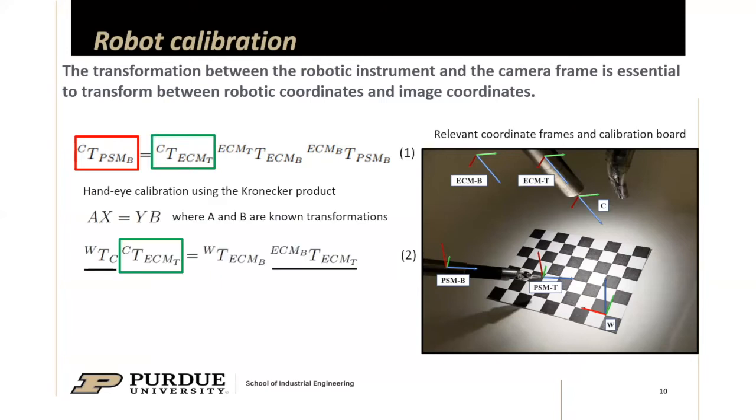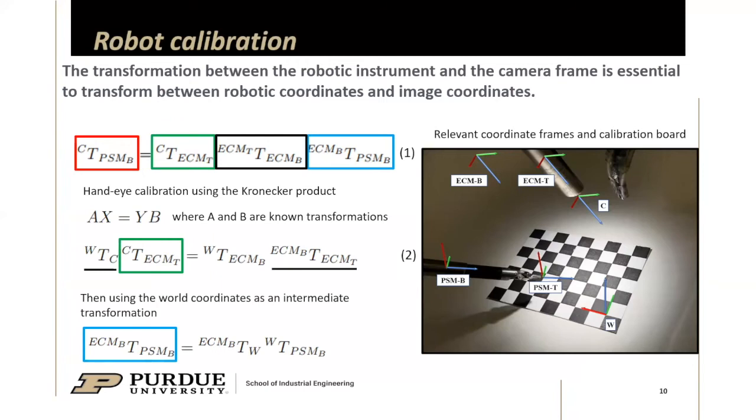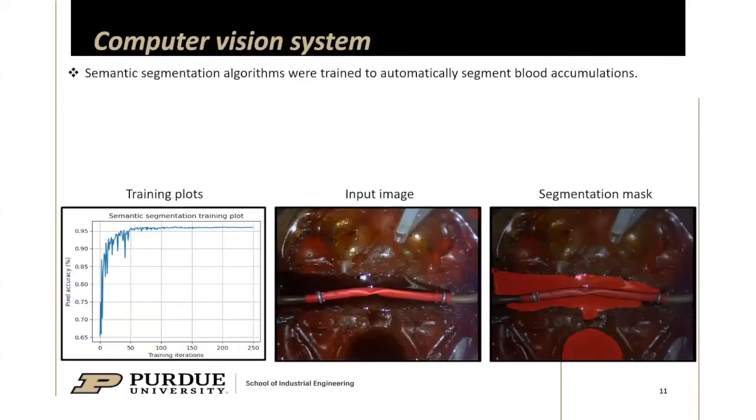The first one, between the tooltip of the ECM and the camera frame, was found with a hand-eye calibration procedure using the Kronecker product. This middle term is provided by the API of the dVRK. And finally, the transformation between the base of the PSM and the base of the ECM was found by using a calibration chessboard as an intermediate transformation.